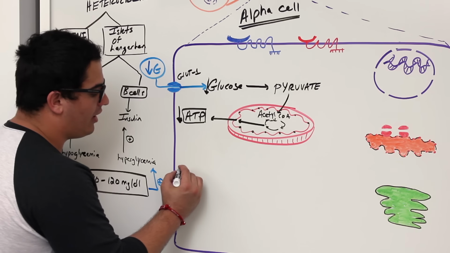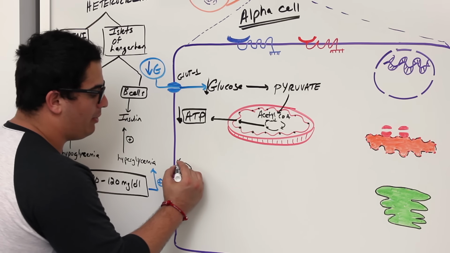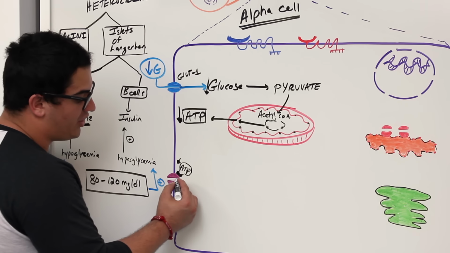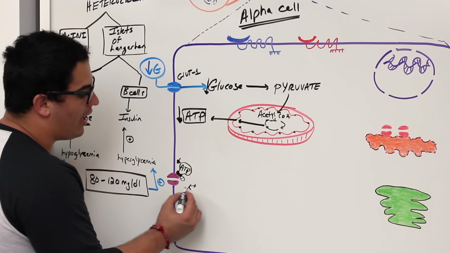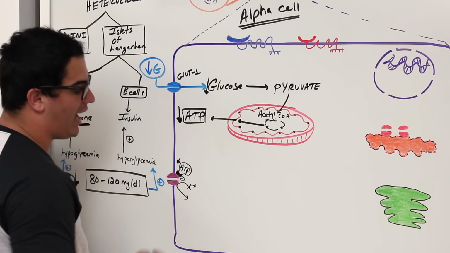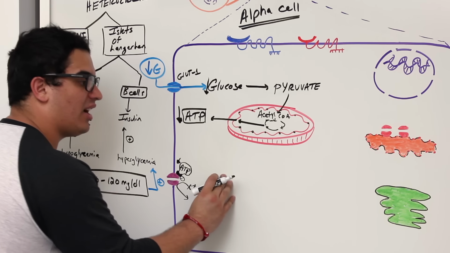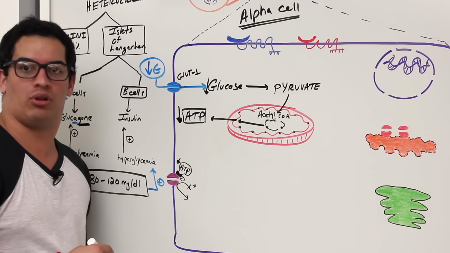In this case, it's a little different. Where there's very little ATP, these channels still close, and potassium ions are still blocked from exiting. But there are not so many potassium ions accumulating that it causes a significant membrane depolarization.